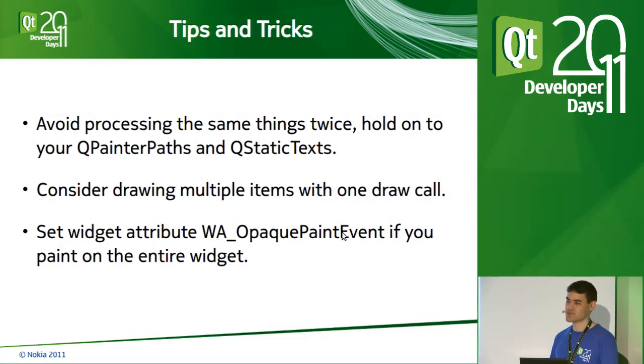You should consider drawing multiple items with one draw call, like for instance draw pixmap fragments or draw rects. That way you can avoid some state changes and especially draw calls in OpenGL. Set the opaque paint event flag on widgets if you intend to fill the entire background.